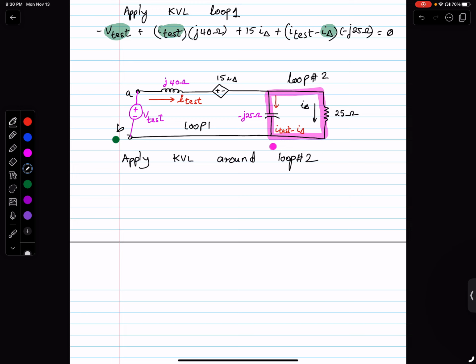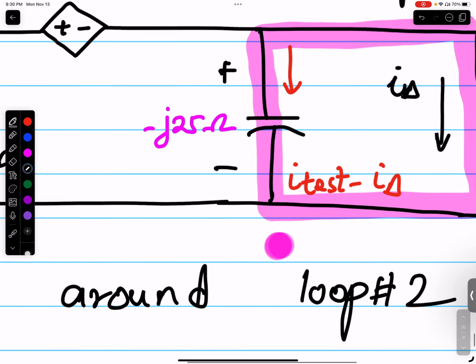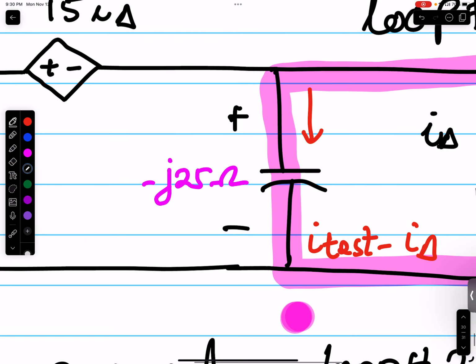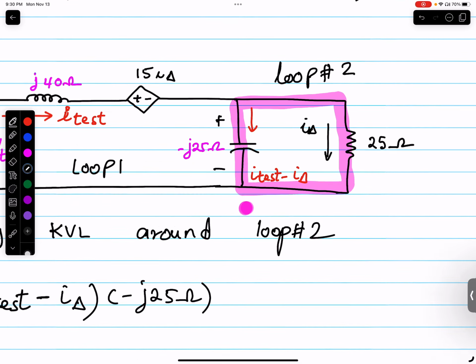We have negative of I test. You see the I test is going from top to bottom, so there's a positive there and a negative there. So I delta times negative J25 ohms. That's the voltage dropped in this capacitance, the current multiplied by the impedance.